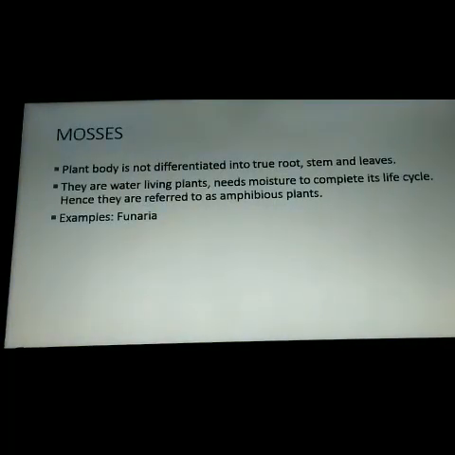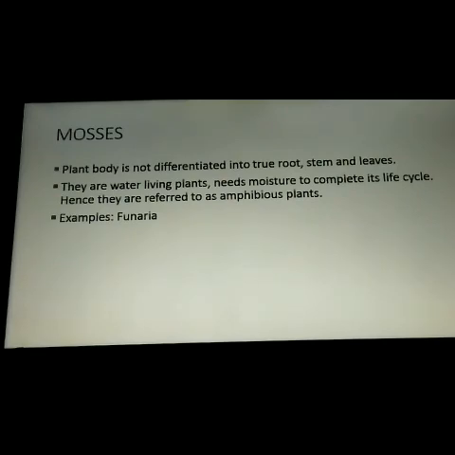And next one, mosses. The plant body is not differentiated into true root, stem and leaf in case of mosses also. They are water living plants and need moisture to complete their life cycle, and hence they are said to be amphibious plants.